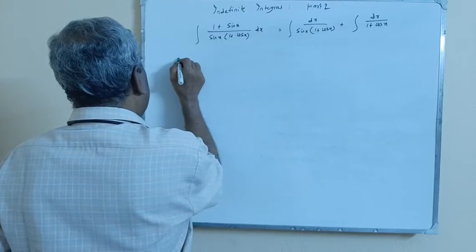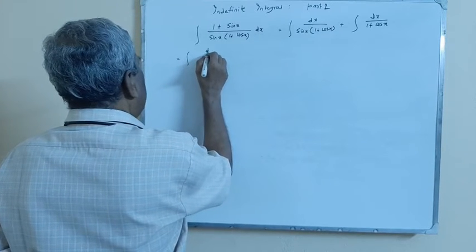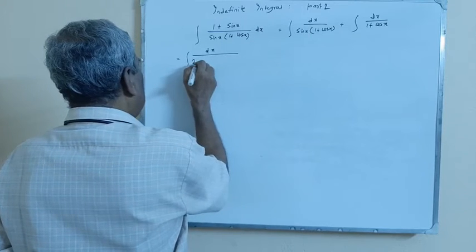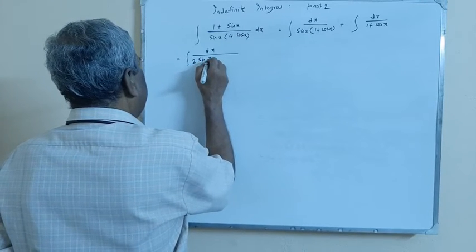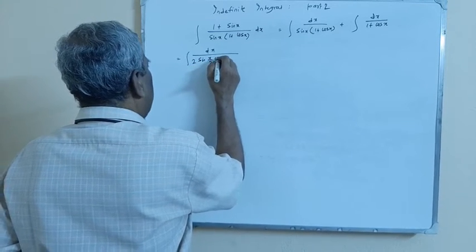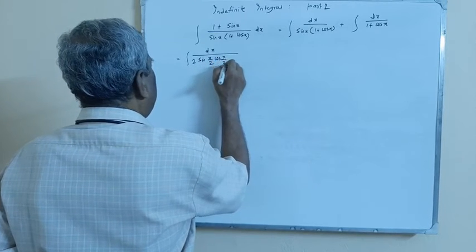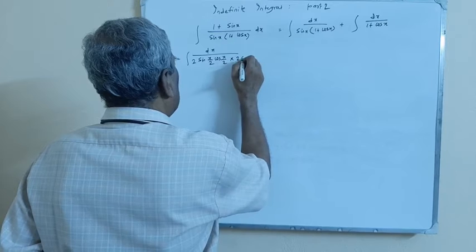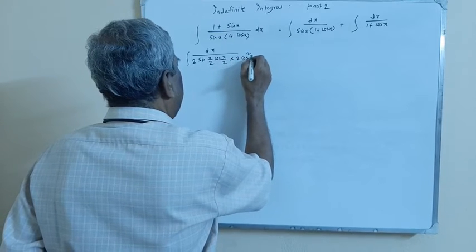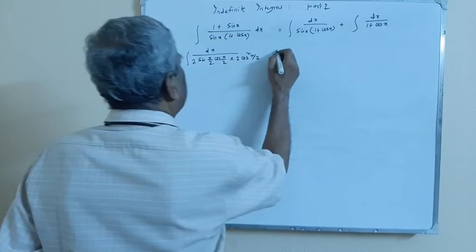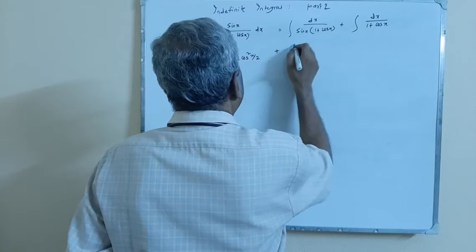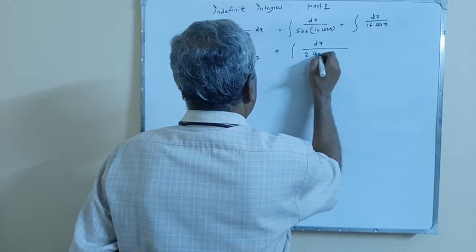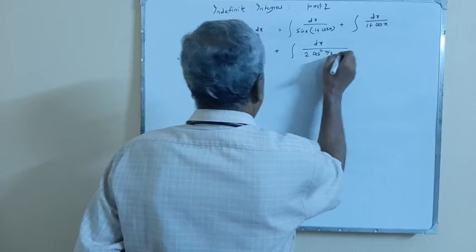Now, the first one can be written as dx by submultiple angle, 2 sin x by 2 cos x by 2, into 1 plus cos x, which is 2 cos square x by 2. The second one is dx by 2 cos square x by 2.